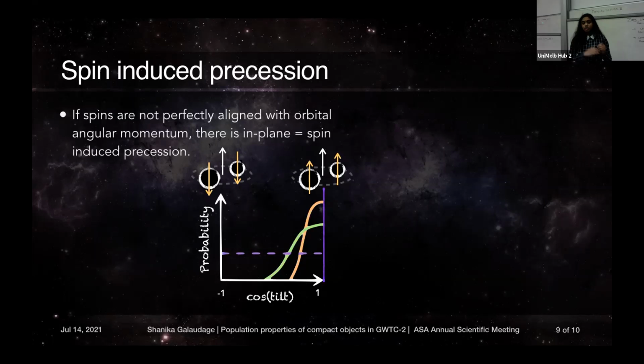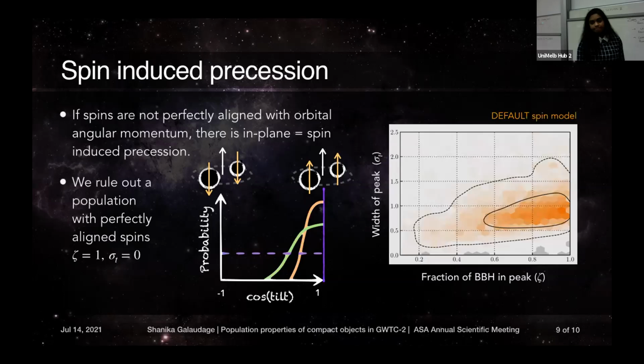So instead of a truncated peak like the orange curve, you'd have a really sharp peak at 1. And so we look for this. We look for the fraction of binaries in this peak and the shape of the peak. So looking at the plot on the right, this is the default spin model.